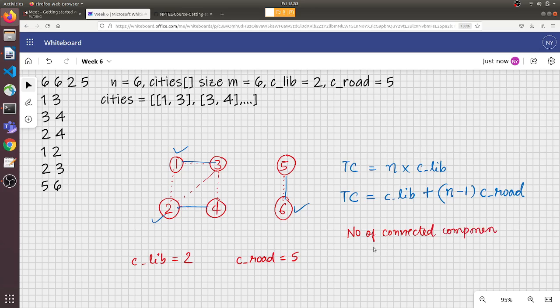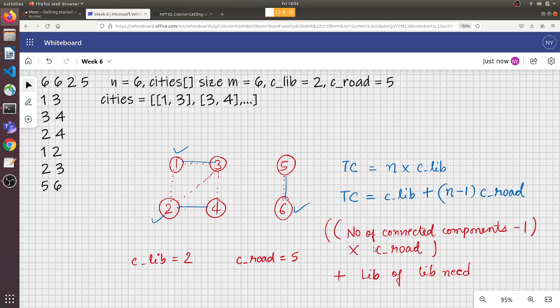We are saying number of connected components minus 1 times cost of road, plus the number of libraries needed to fill each connected component with at least one library, times cost of library.